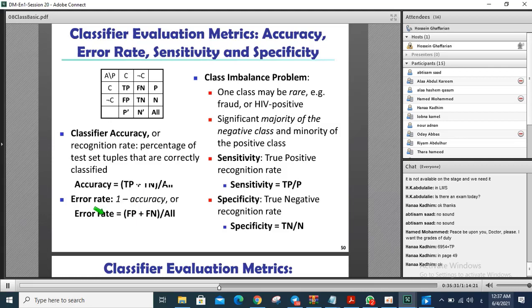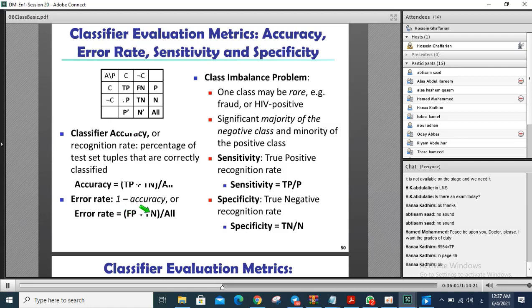What about our error rate? Error rate means that we predict the labels wrongly, or the prediction was not correct. So here, false positive and false negative cases. In both of these cases, our prediction is not true.